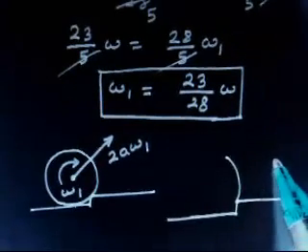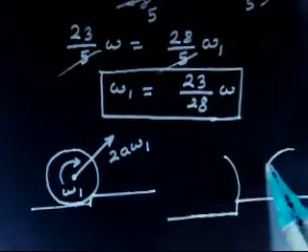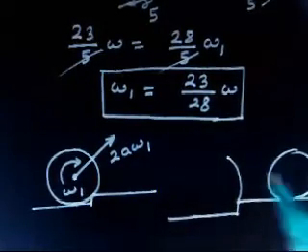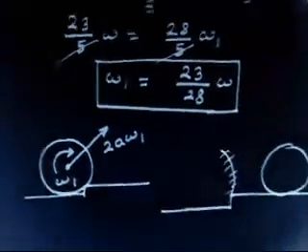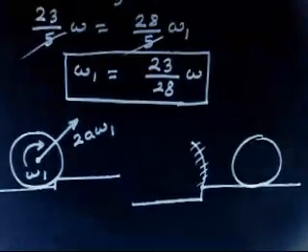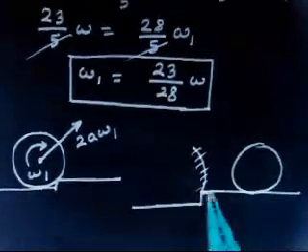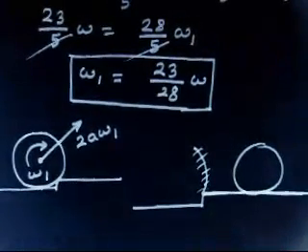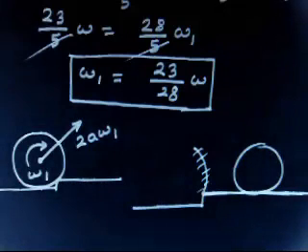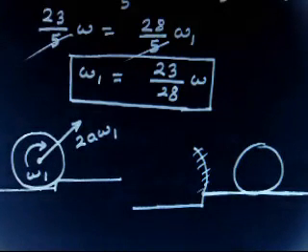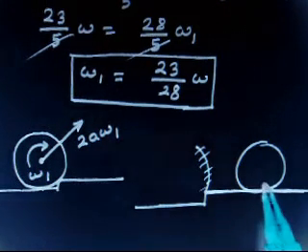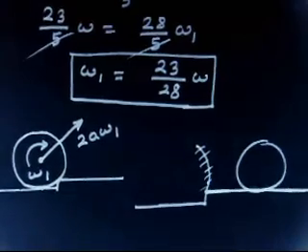Okay, I have to make something like this. So let us leave this one. Now you see what is happening. If it reaches this horizontal surface, what should be the value of omega 1? We have to find the value of omega 1 so that it just reaches the horizontal surface.